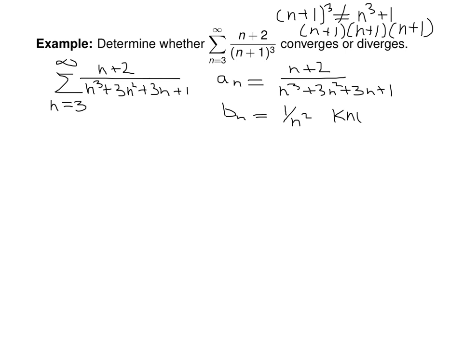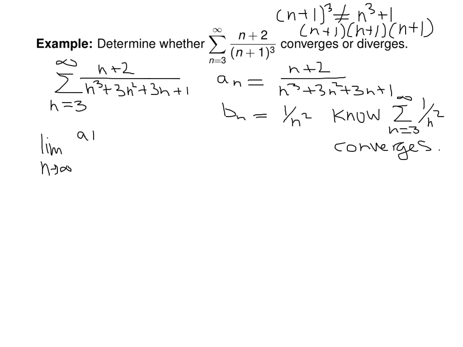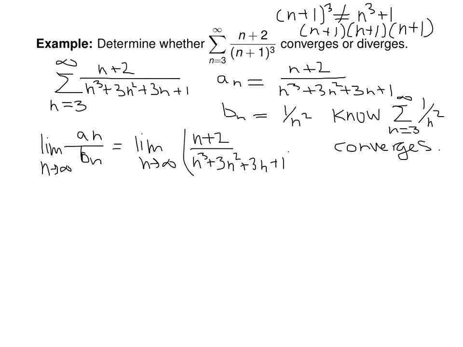And we know that the sum from n equals 3 to infinity of 1 over n squared converges because it's a p series with p equal to 2. So let's find the limit as n goes to infinity of the a sub n's over the b sub n's. So that will be n plus 2 over n cubed plus 3n squared plus 3n plus 1 multiplied by n squared over 1.